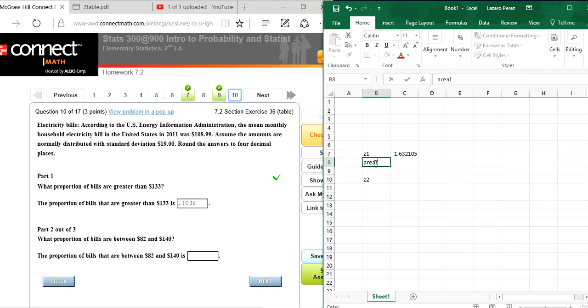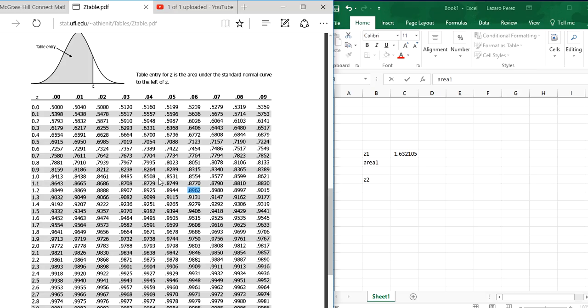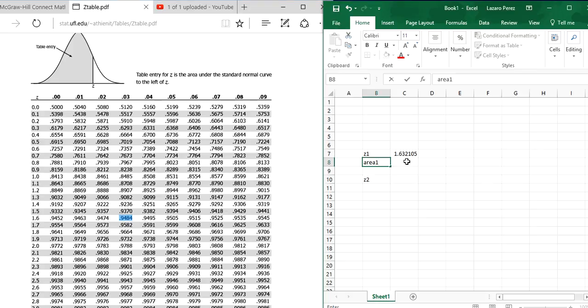So this is the area for the first point. So 1.63. All right, will be 0.9484. So our area is 0.9484.